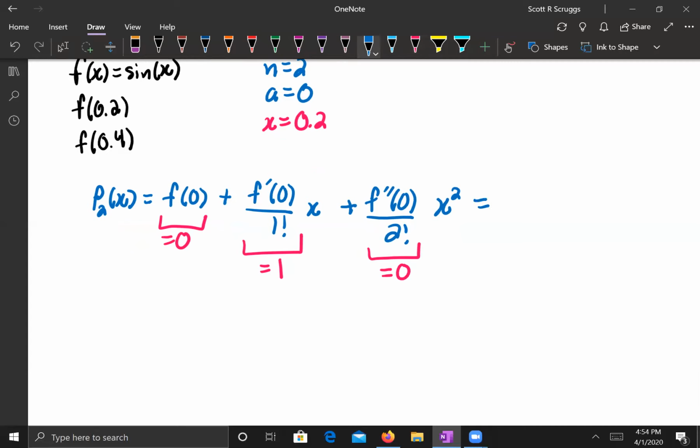Which means I am just left with the line y equals x for my answer. That's why f of 0.2 approximates to 0.2. Yep. That's right. So I'll put this down here to make that more clear. Okay. I'll write that down on my end as well.